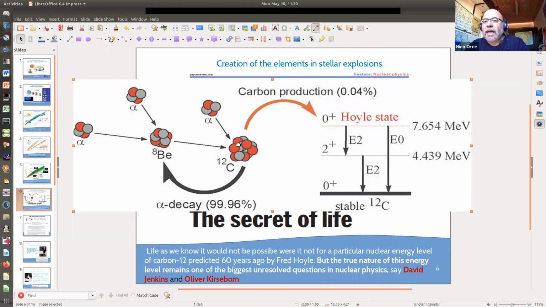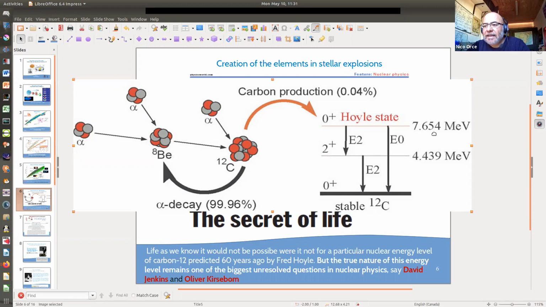It is almost a miracle that the energy release of these two, applying Einstein's formula and getting the masses of these two before and after, equals an existing state in carbon-12, about 7.654 MeV, which is a kind of magic number.